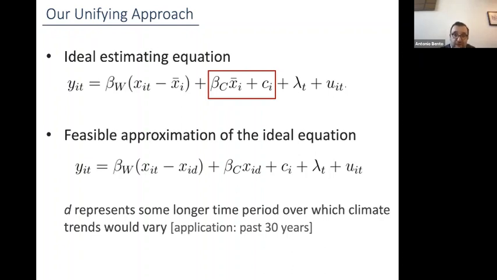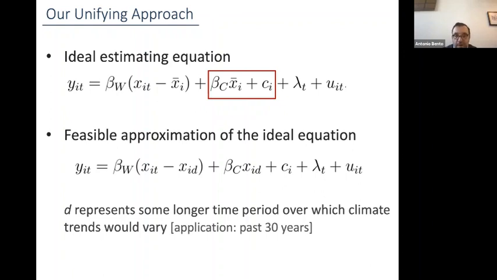And so eventually what I will convince you is that you can implement these as a moving average. And when you do it, you can immediately see that you now have variation in beta C. And so you actually get fairly close to your ideal estimation equation.